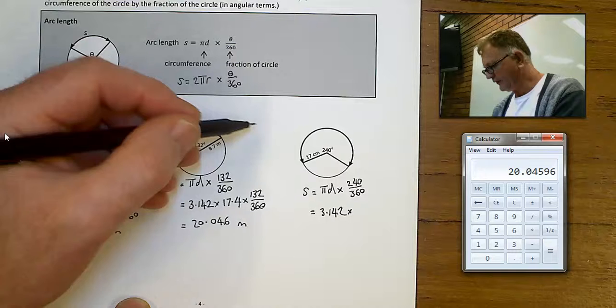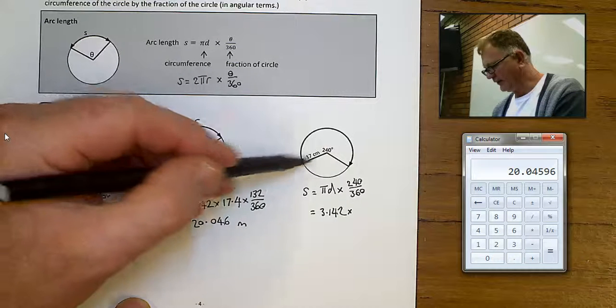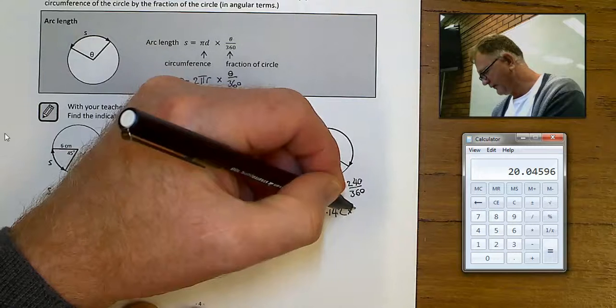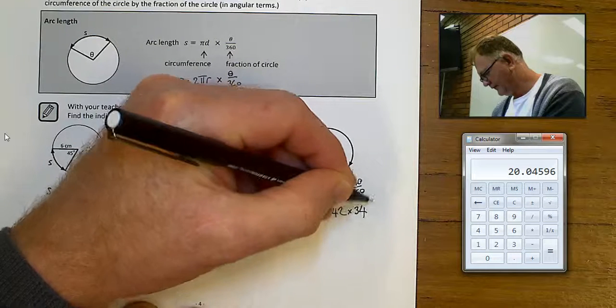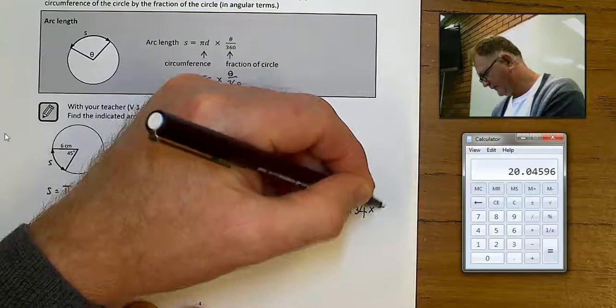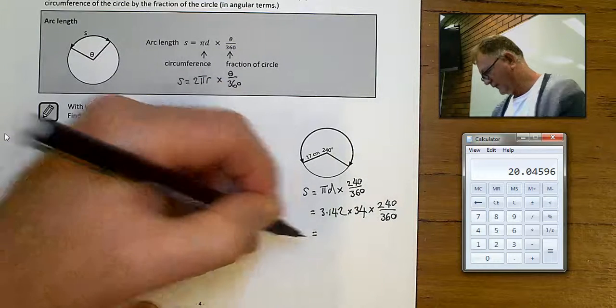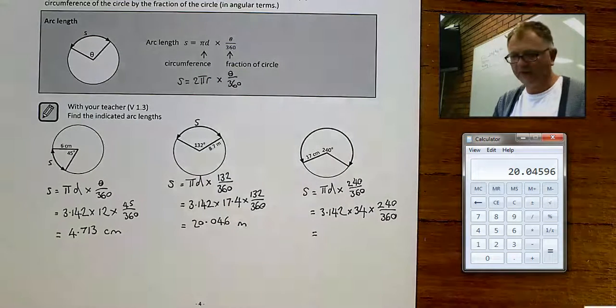The diameter of this circle is 17 centimetres from there to there. Double 17 is 34, the diameter of the circle. Work out our answer on the calculator.